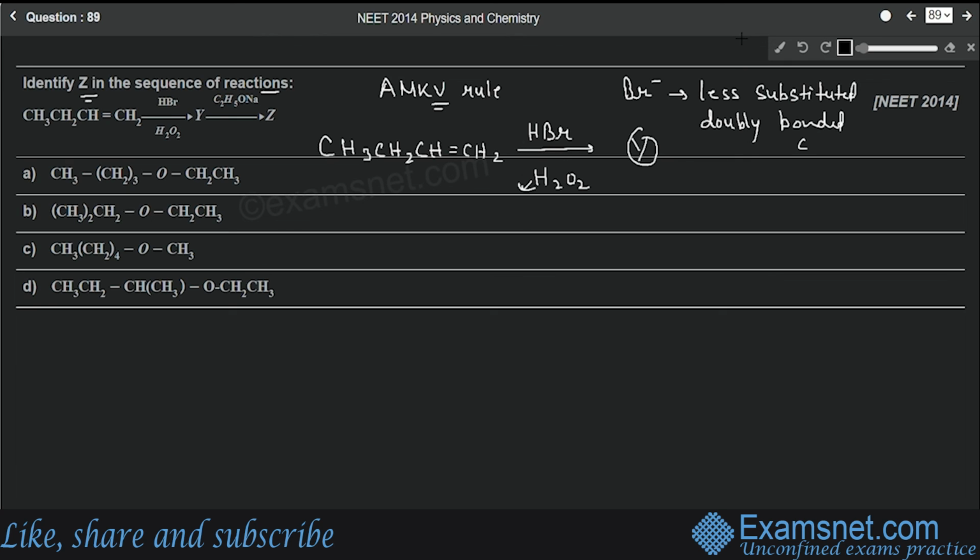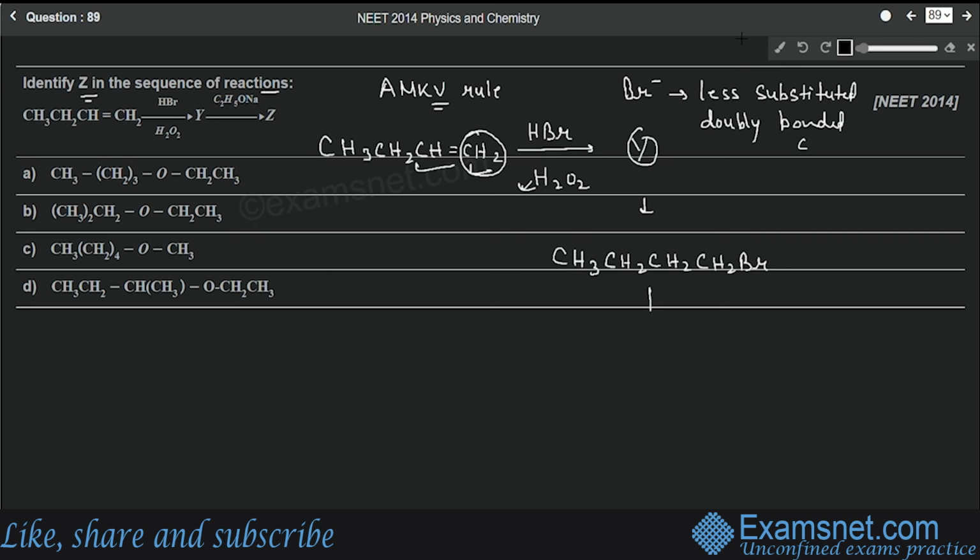So two carbons are doubly bonded here, these two. Now out of these two, which one is less substituted? The one having more number of hydrogen, that means the first carbon. So bromide ion will get attached to this carbon. As a result, the product Y that we will get is CH3, CH2, CH2 and CH2Br. This is the product Y.